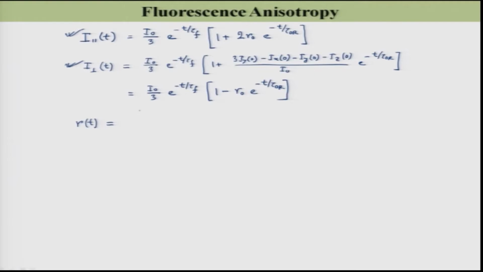Now, let me write these two forms. Here will be my I 0 by 3 e to the power minus t by tau f into 1 plus 2 r 0 e to the power minus t by tau r, minus, this is I parallel and minus I perpendicular, so I 0 by 3 e to the power minus t by tau f into 1 minus r 0 e to the power minus t by tau r, divided by the same denominator.